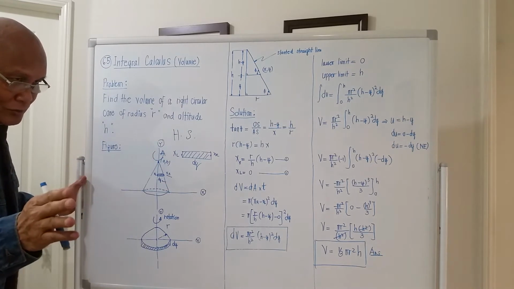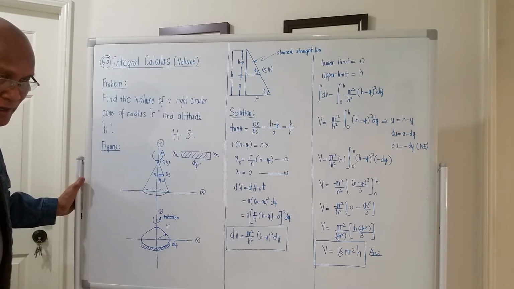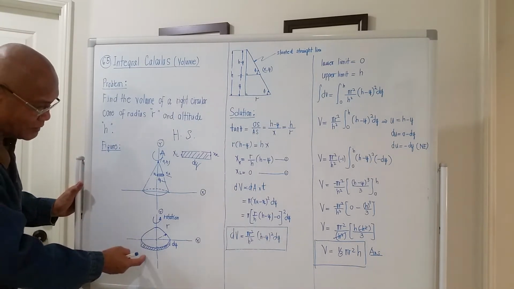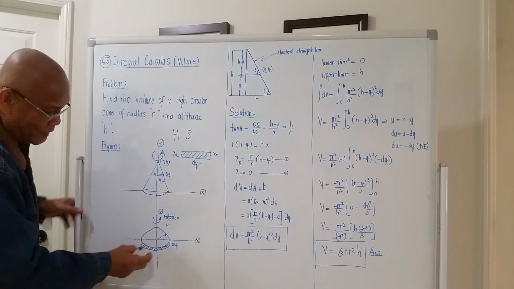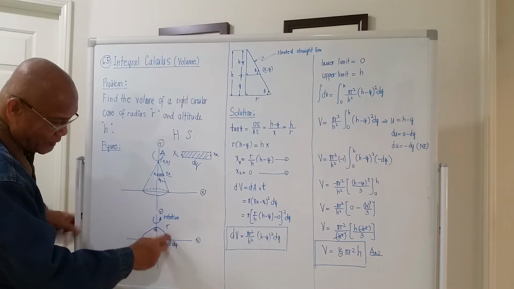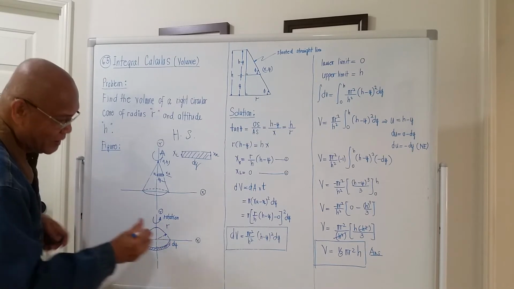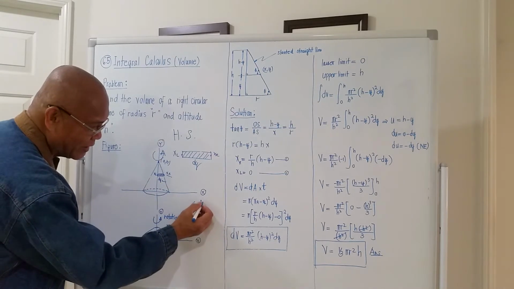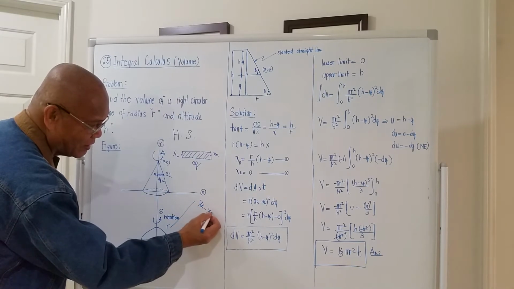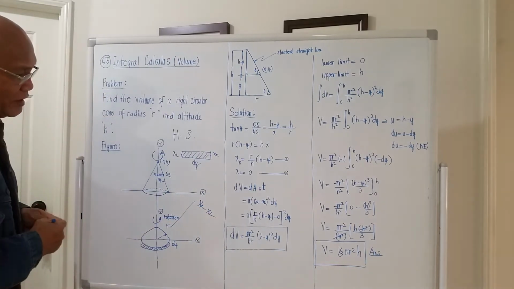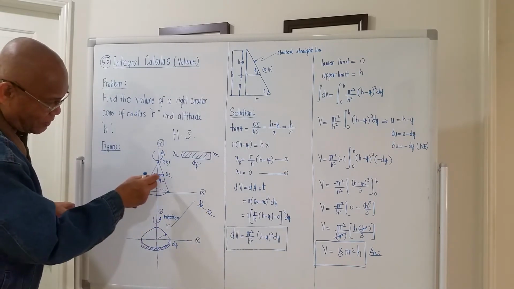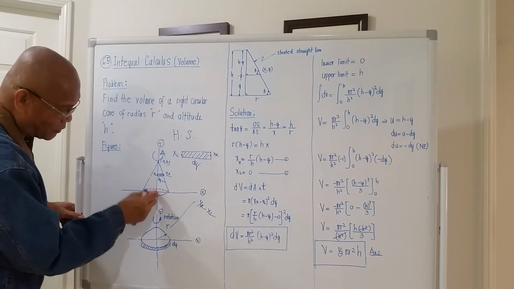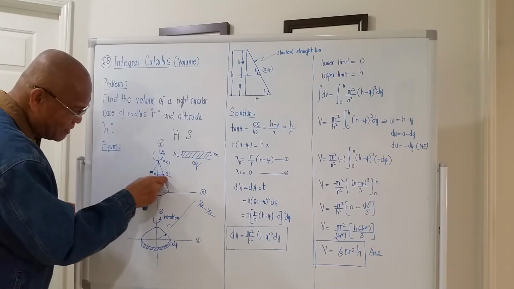If we try to figure out one horizontal slice, it is something like this. We rotate it with respect to the y-axis. The radius is r, the thickness is dy, and radius r is actually xr minus xl. It's the difference xr minus xl, because as this differential area moves from 0 to h, it varies.